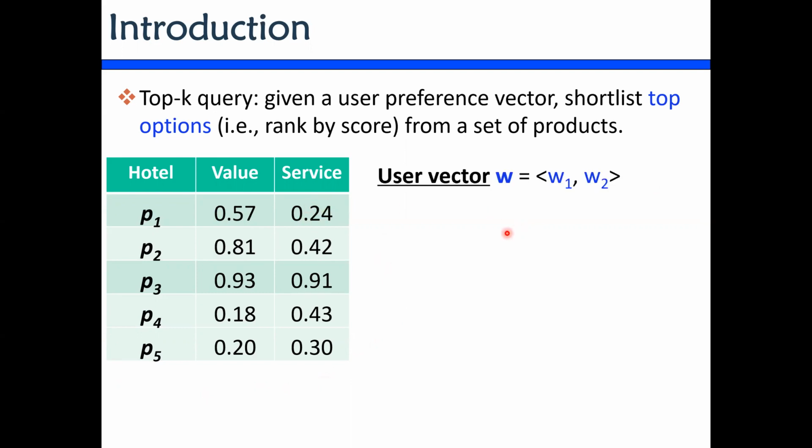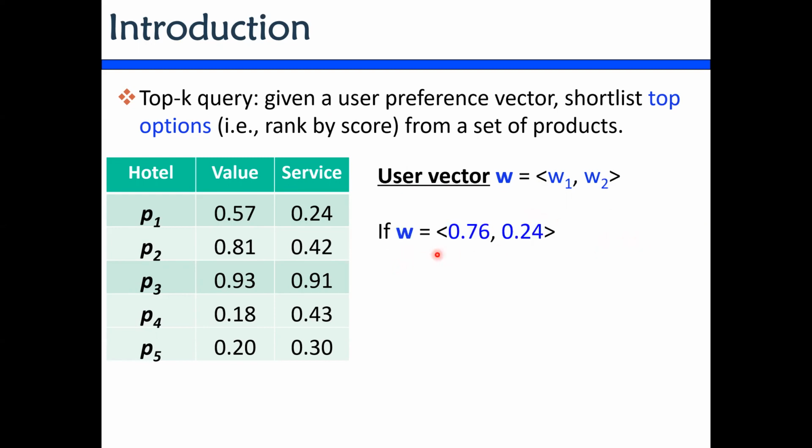Now, my user specifies his preferences in the form of a weight for value and a weight for service. Together, these two weights form what we call the user vector, whose job is to capture the user's preferences.